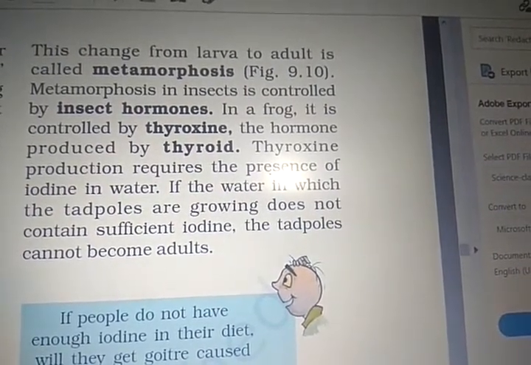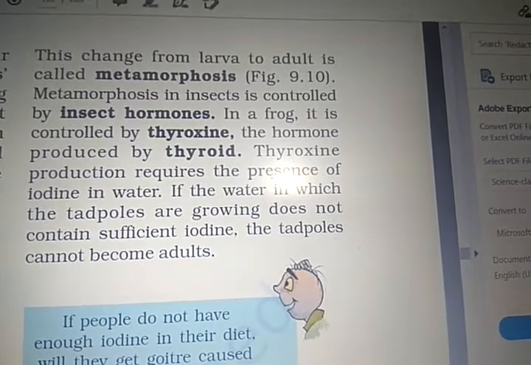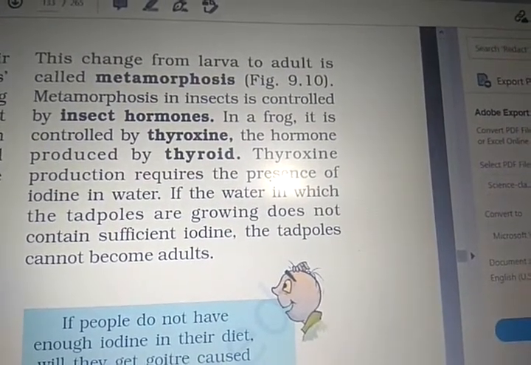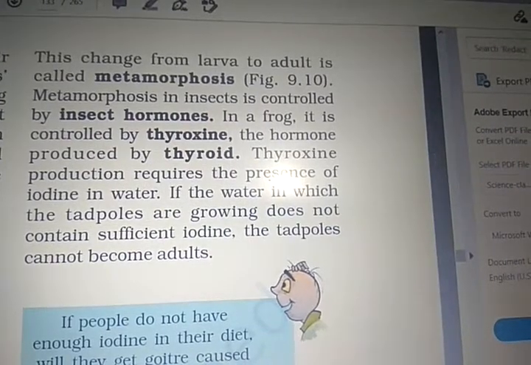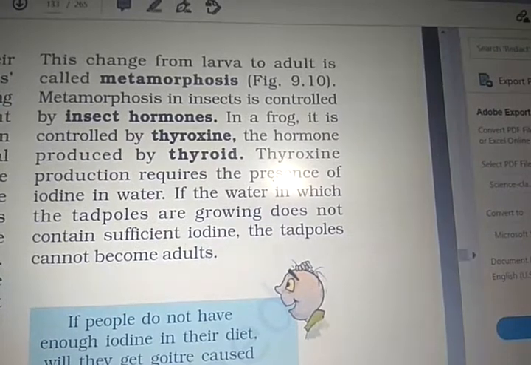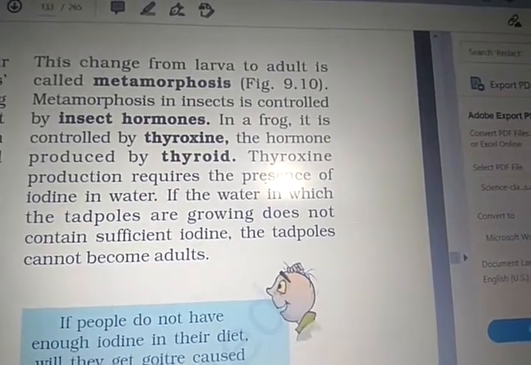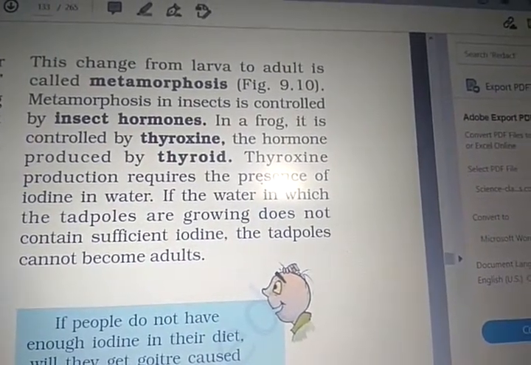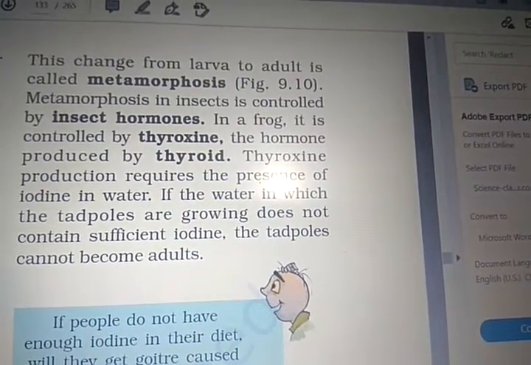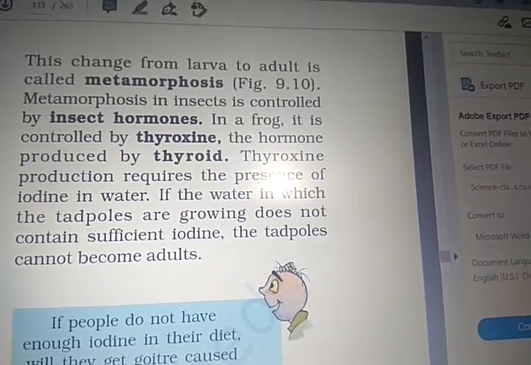Thyroxine production requires the presence of iodine in water. If the water in which the tadpoles are growing does not contain sufficient iodine, the tadpole cannot become an adult. Here you see the changes from larva to adult, right? In the frog cycle, the change from larva to adult is known as metamorphosis.